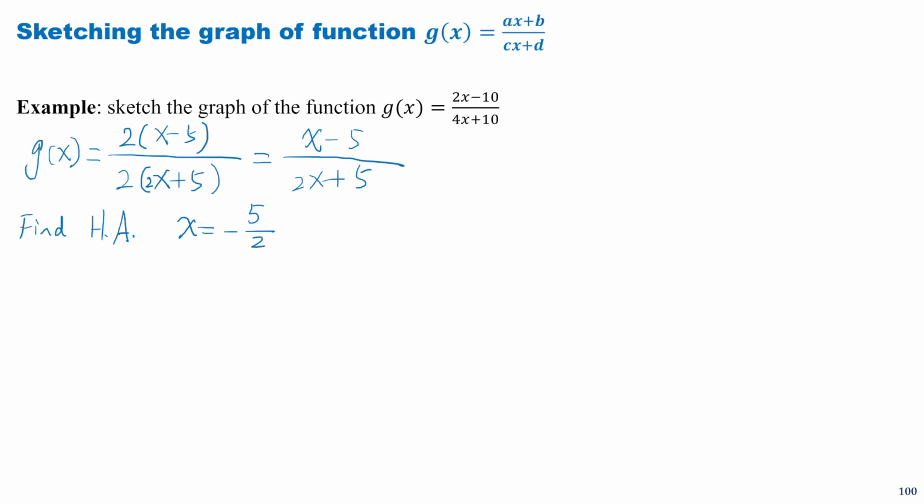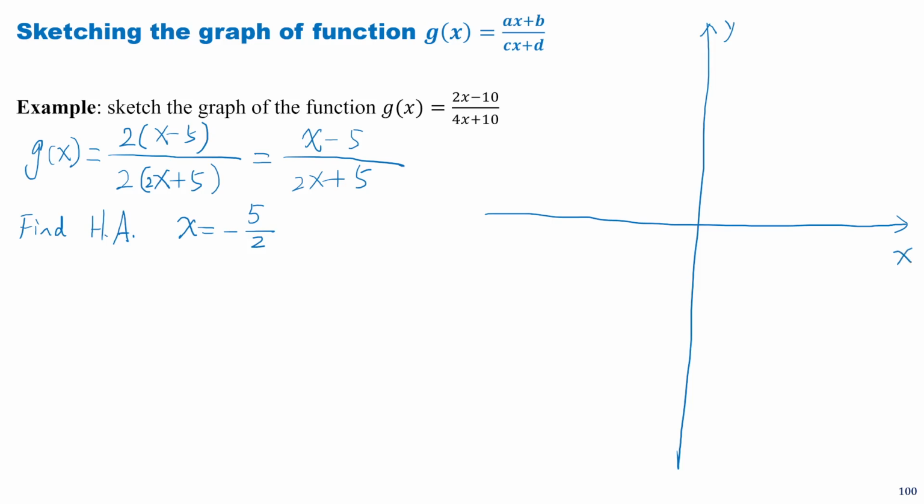This line is its vertical asymptote, which is somewhere, let's say, somewhere here. Negative 5 over 2. Can you follow me? This is the vertical asymptote because x cannot be negative 5 over 2. Vertical asymptote should be VA.